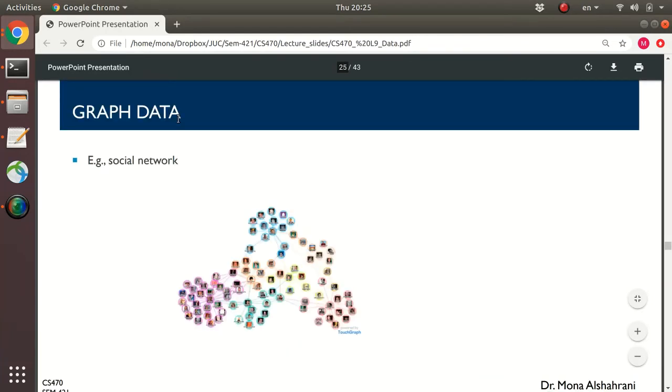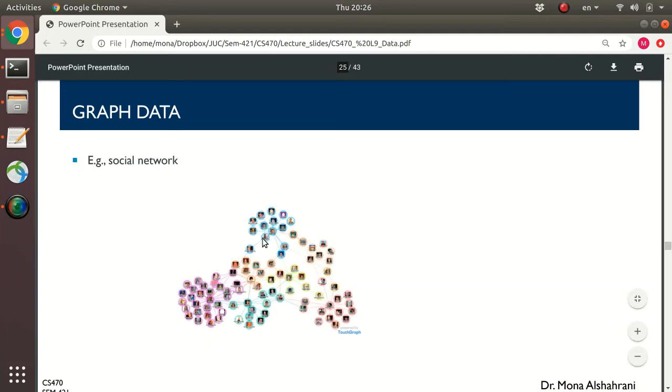Graph data is data that can be represented in the form of a graph or a network, where you have a number of nodes connected by edges. An example of such networks is a social network, like Twitter or Facebook.